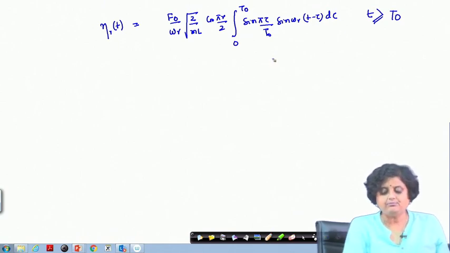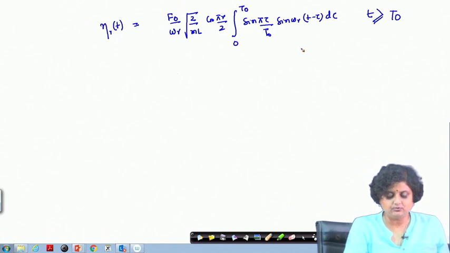This integral can be evaluated because all the terms are known.